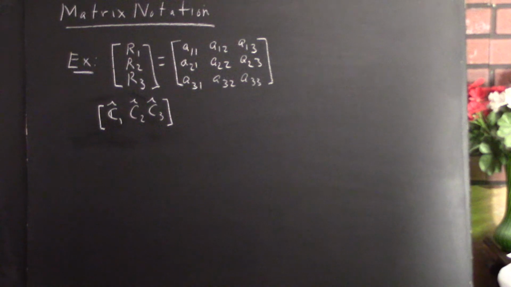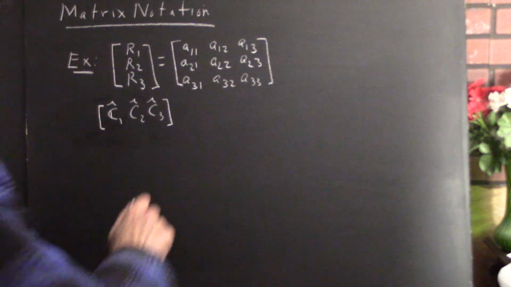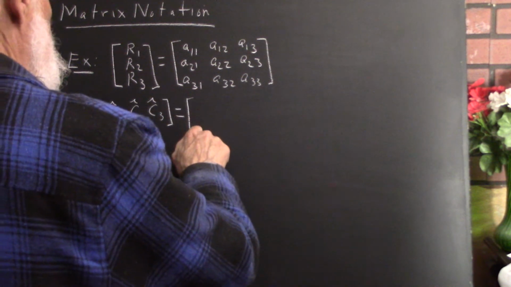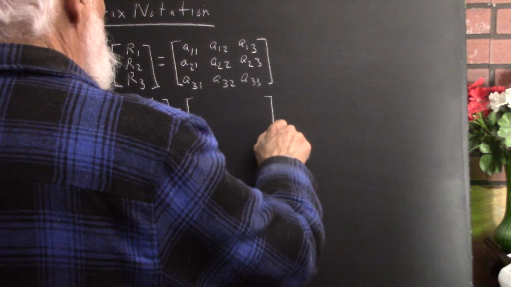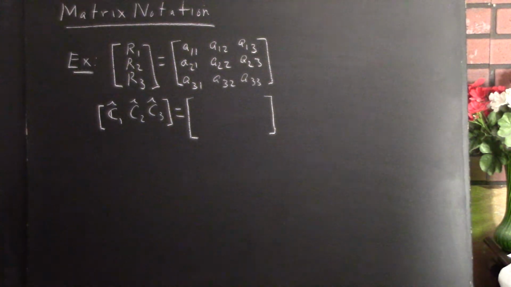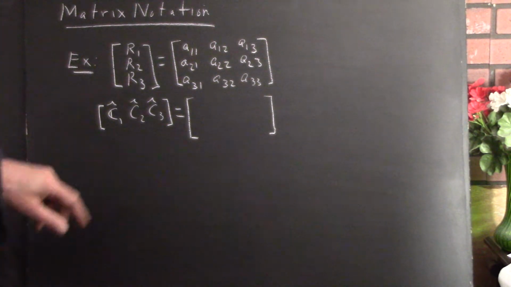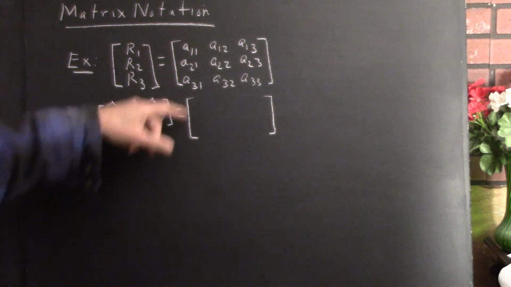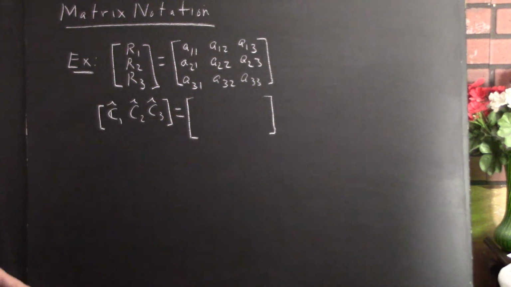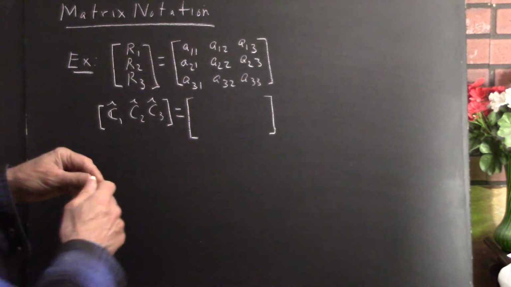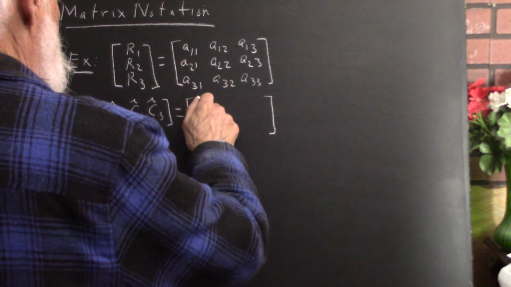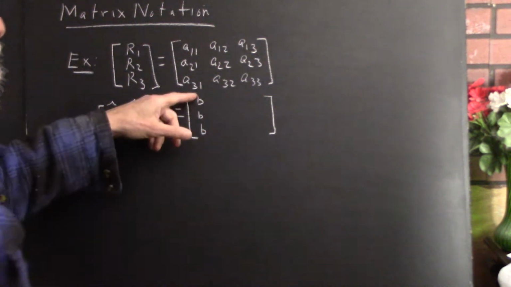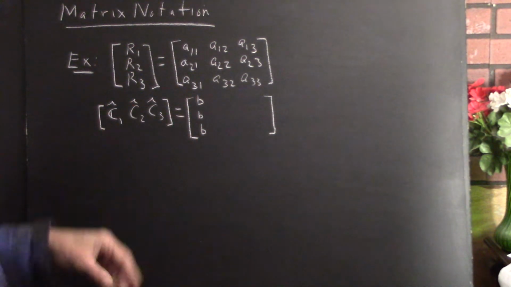If we think of writing columns, our first column will consist of 3 numbers. Now I'm not going to use A for these numbers, I'm going to use B. And I'm going to distinguish the B's by using subscripts.